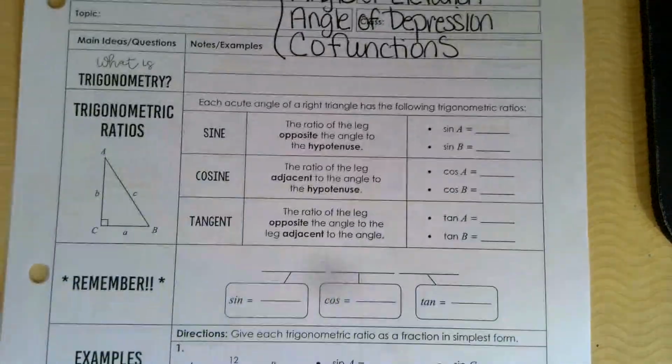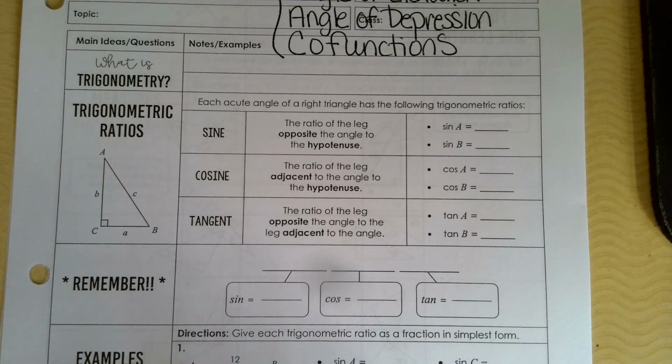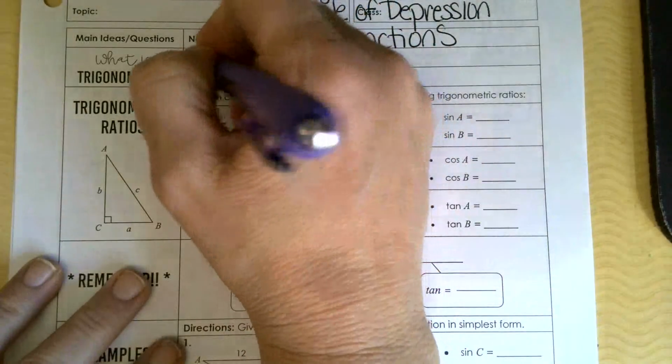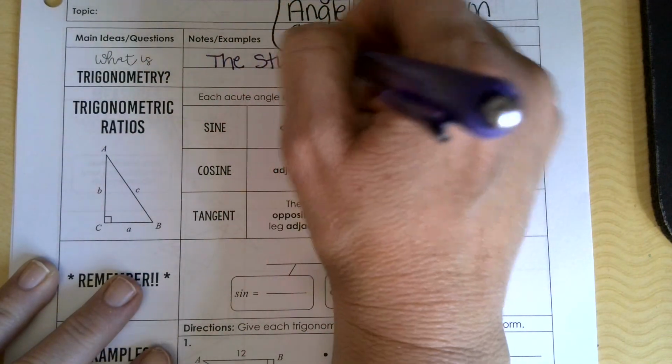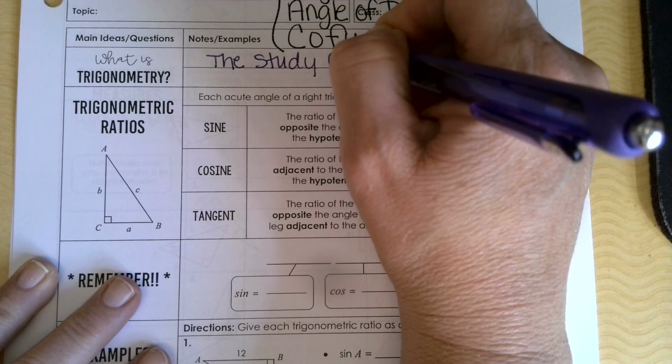All right, so let's find out, what is trigonometry? Trigonometry is simply the study of right triangles. Okay, and so there are lots of real world applications that use trig in their work. Okay, so it's the study of, I said right triangle, but it doesn't have to be a right triangle.